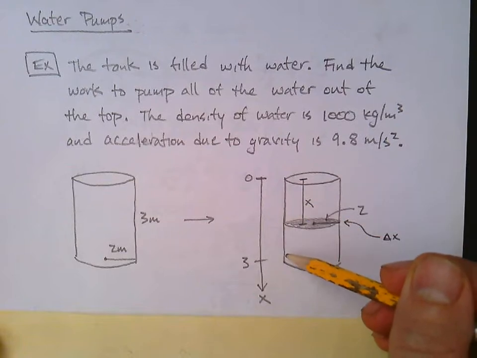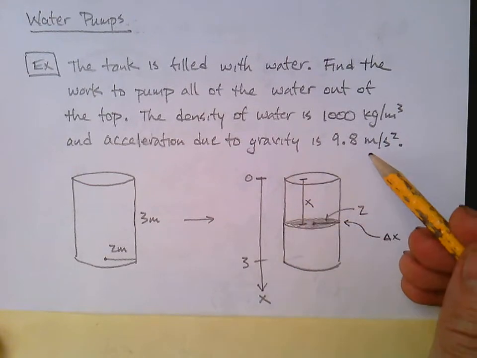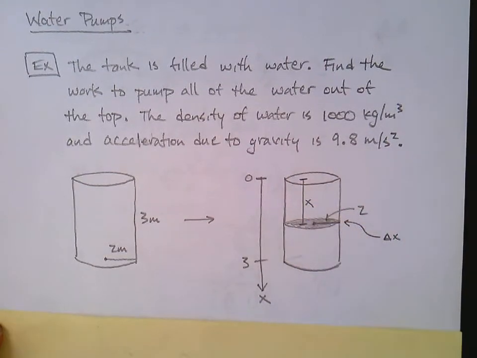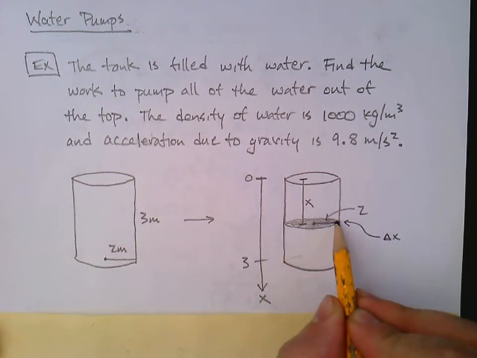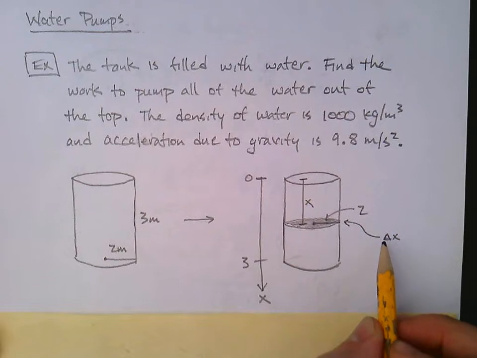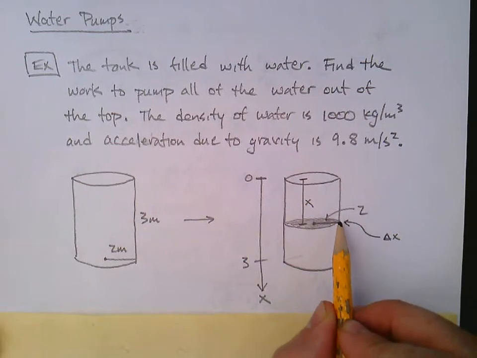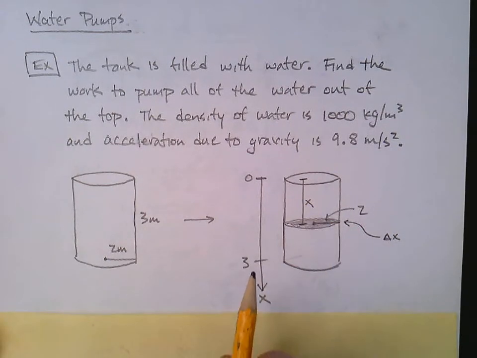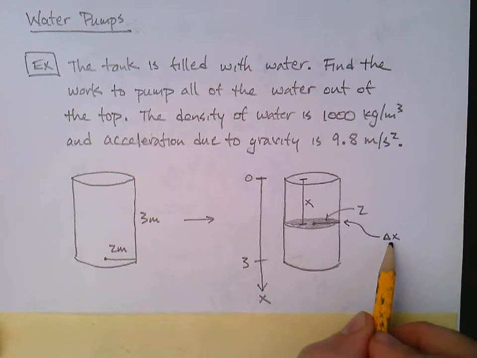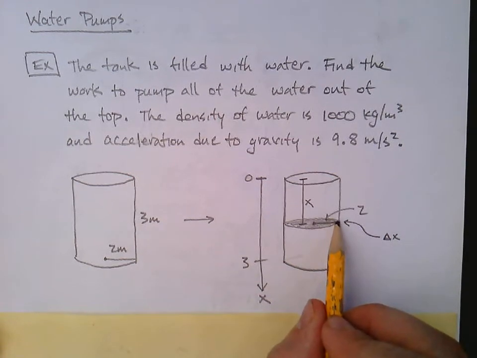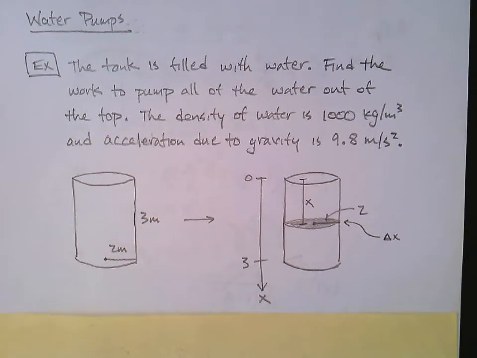If I'm closer to the bottom, it's got a distance of maybe almost 3 for the very last layer to get out. And I've noted the radius of my cylinder there is 2. And I've noted the infinitesimal thickness of my little layer of water as delta x, or the change in x. That will represent the tiny little infinitesimal thickness.